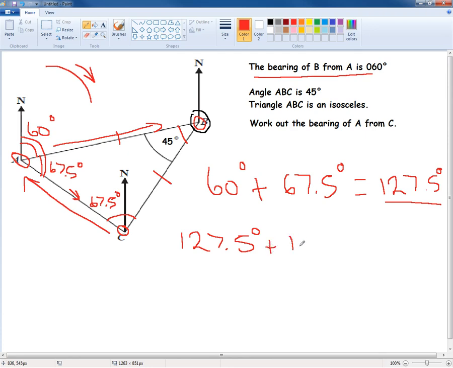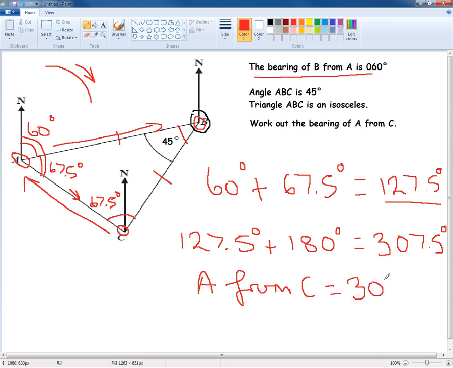So we are just going to add 180 degrees, giving us 307.5 degrees, or the bearing of A from C equals 307.5 degrees. So going up this direction, you would have to follow a bearing on your compass of 307.5 degrees.